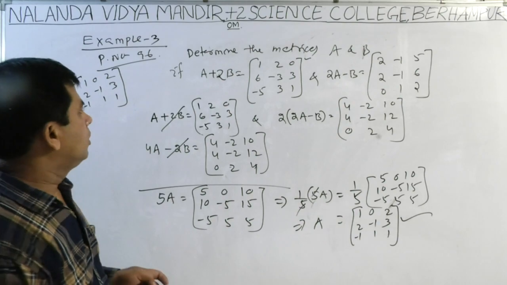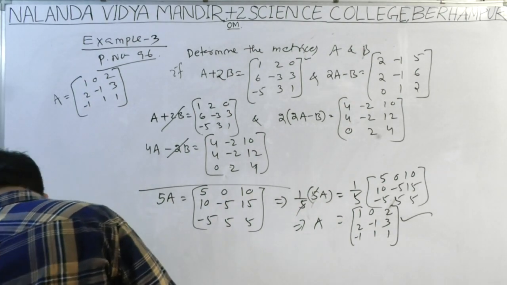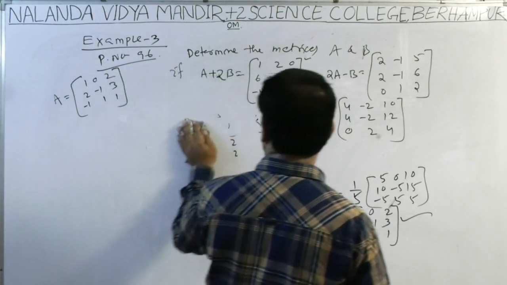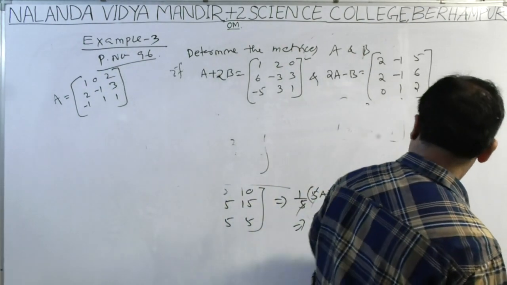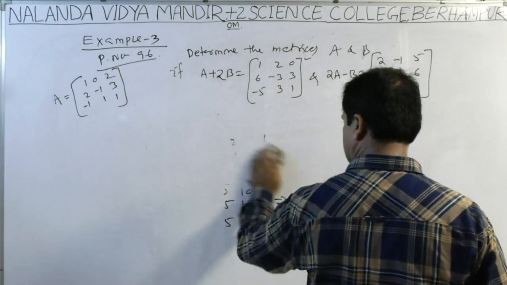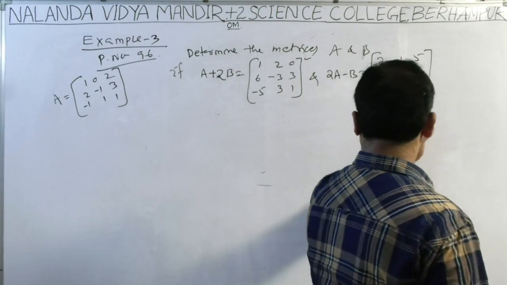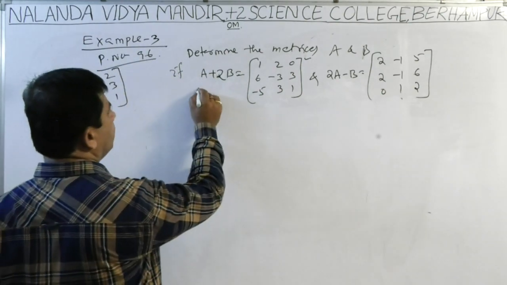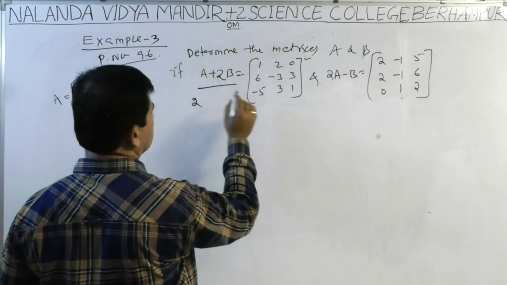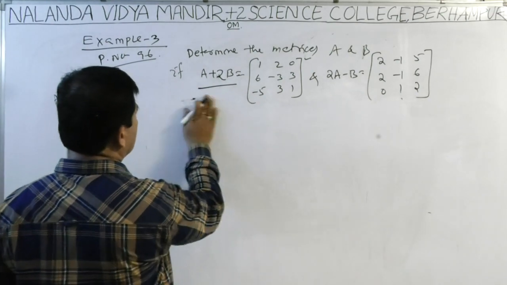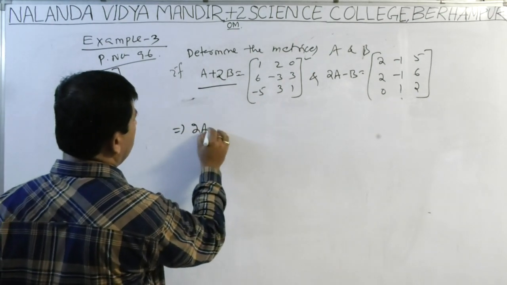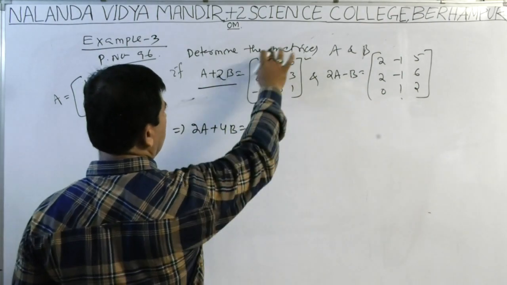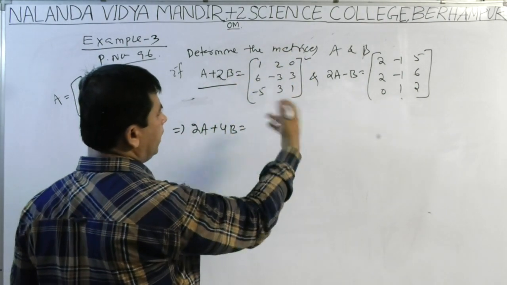And also, if we multiply 2 with this matrix on both sides, we get 2a plus 2 into 4b is equal to, every element of this matrix multiplied by 2.